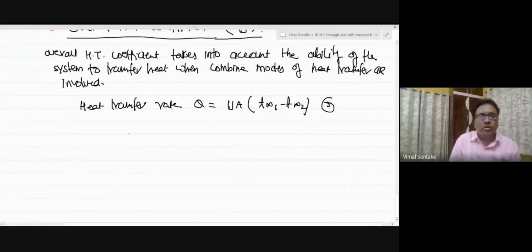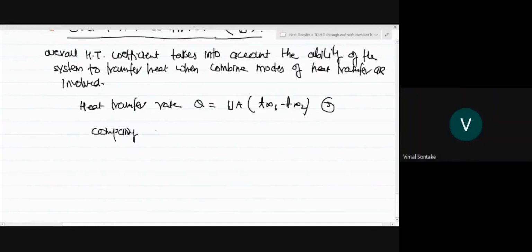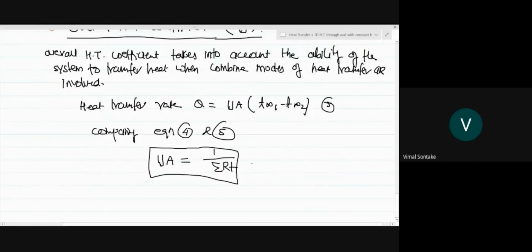So comparing equation 4 and 5, what will I get as the relationship? UA is equal to 1 upon summation of R_T. This is the relationship between overall heat transfer coefficient and total thermal resistance.